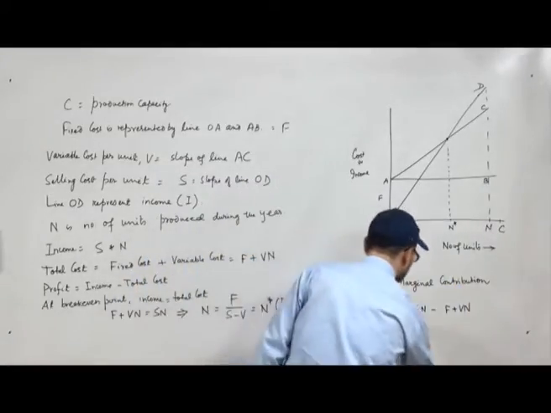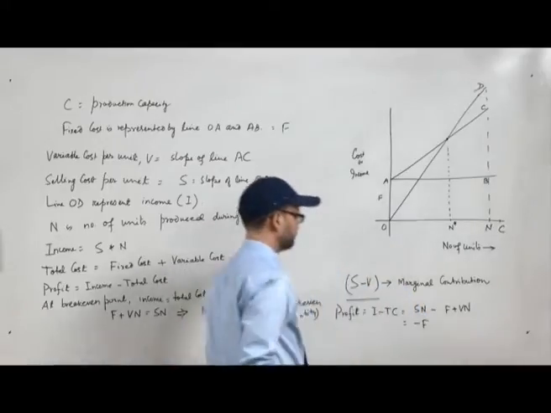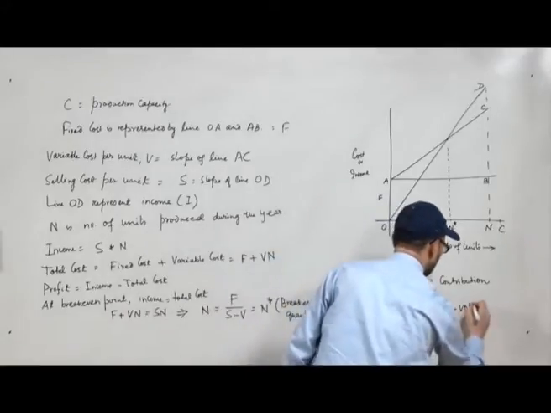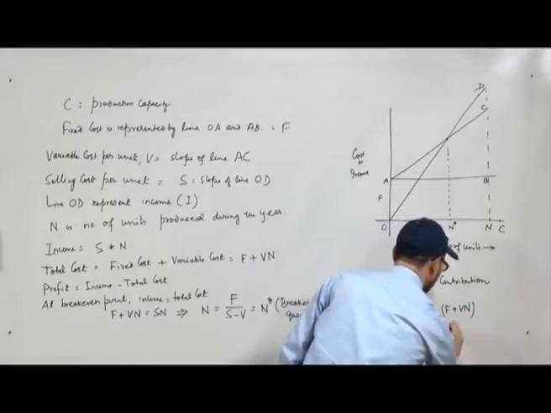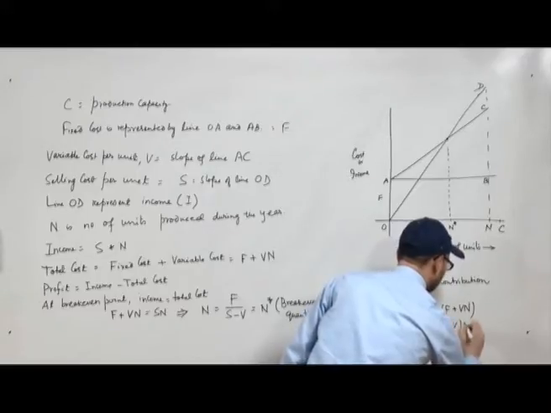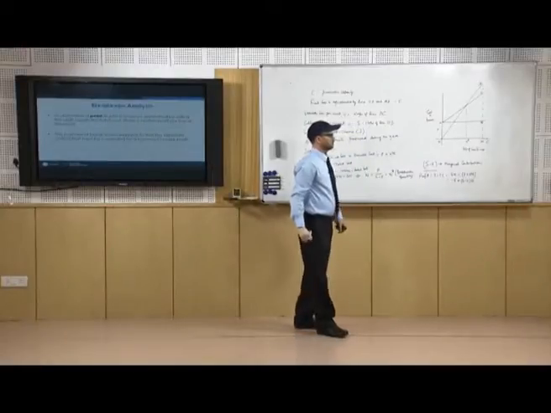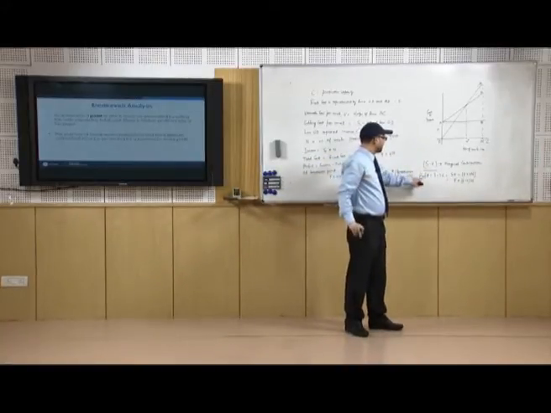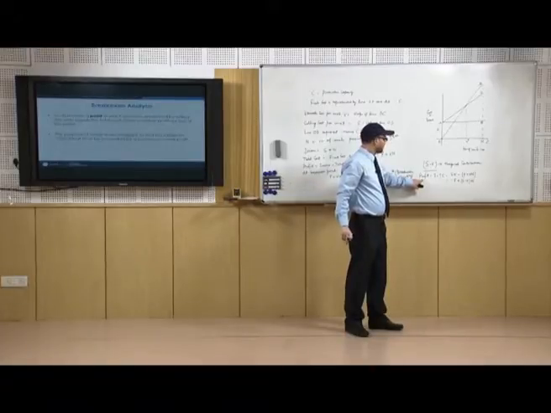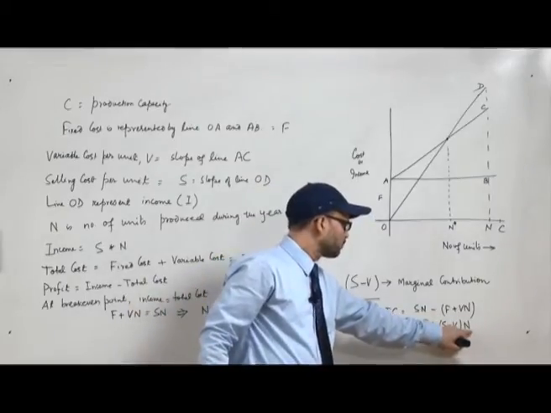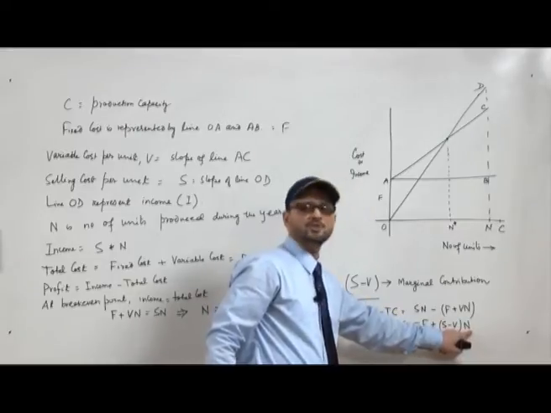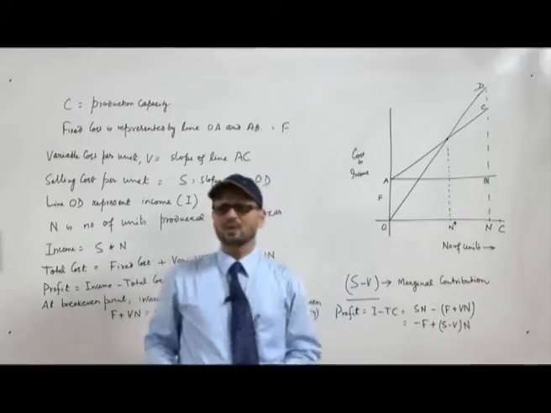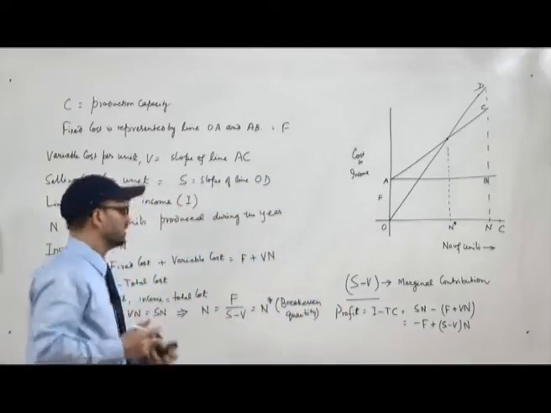So, it is nothing but minus F plus S minus V into n. So, basically this is a function which represents the value of profit in terms of the number of units produced, and this is the equation of a straight line. So, let us see how the profit changes.